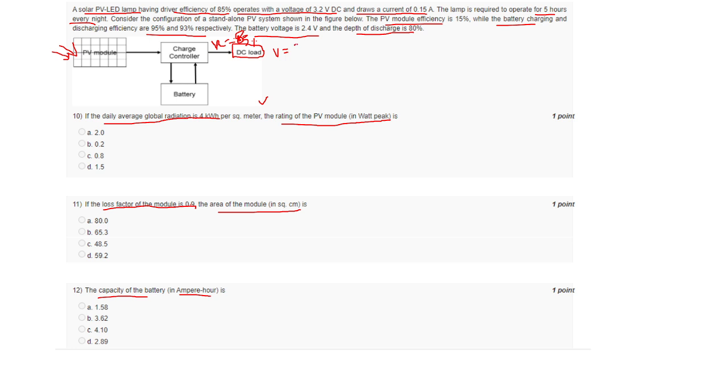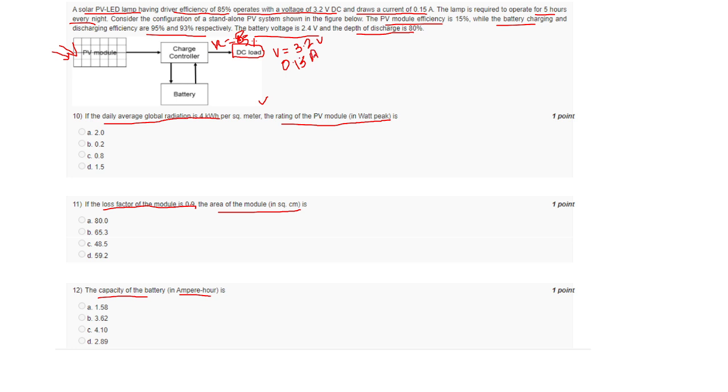This voltage is given, 3.2 volt, and the current is given, which is 0.15 ampere.